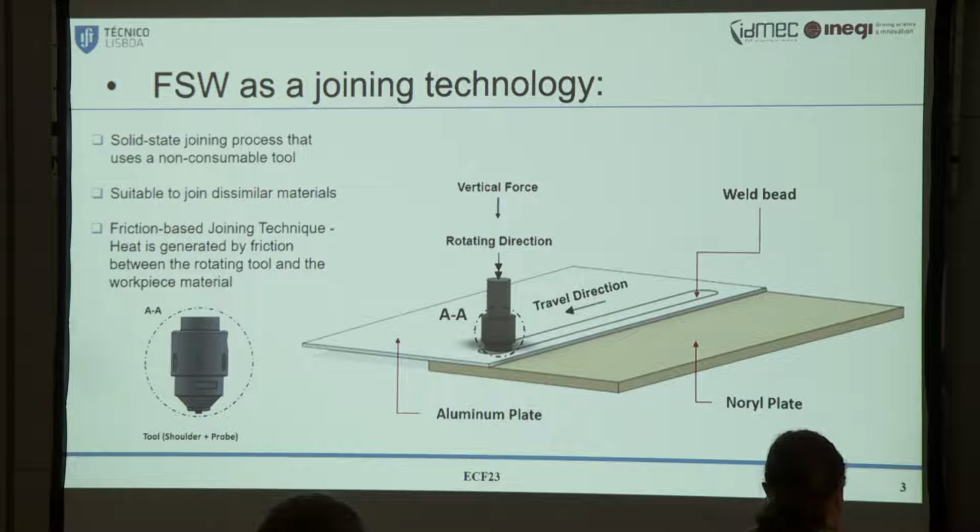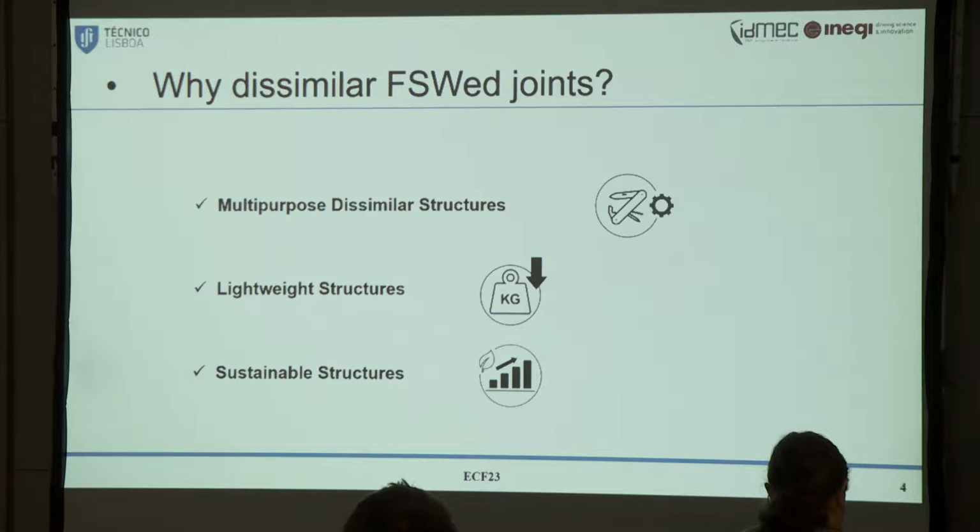In this case, we can control the welding machine in the vertical force, rotation direction, and travel direction. And we can see here the two plates. The first one, the aluminum alloy, is located in this part, and the composite plate on the other side.